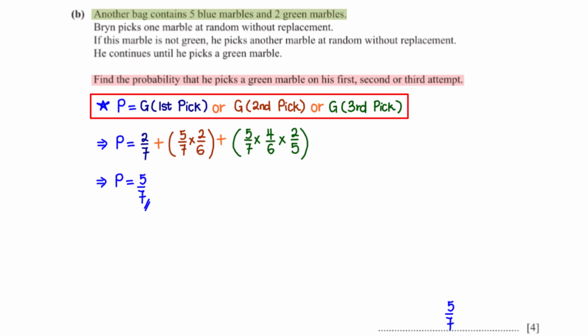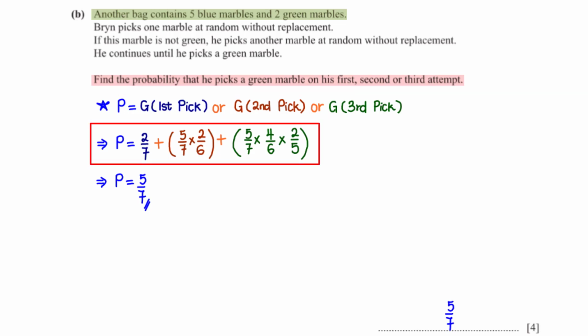The probability that he takes out a green marble on the first pick is the number of green marbles, which is 2, divided by the total number of marbles, which is 7. For the second scenario, the probability that he takes out a blue marble first is 5/7. Without replacement, the probability that he now takes out a green marble is 2/6.